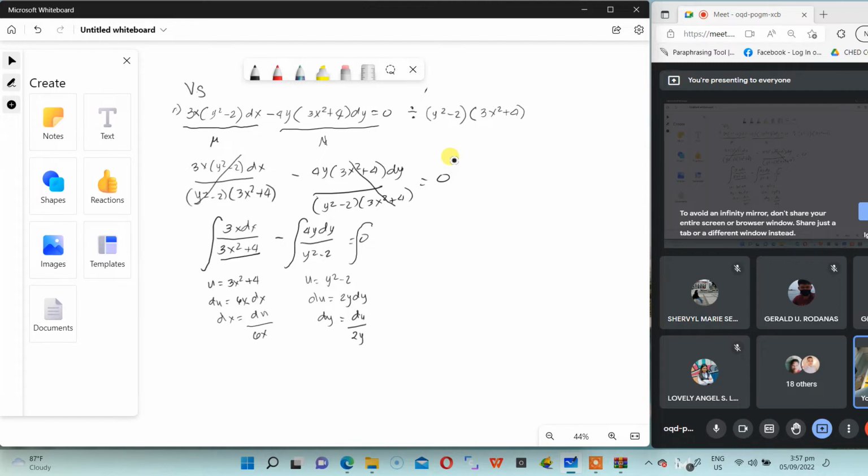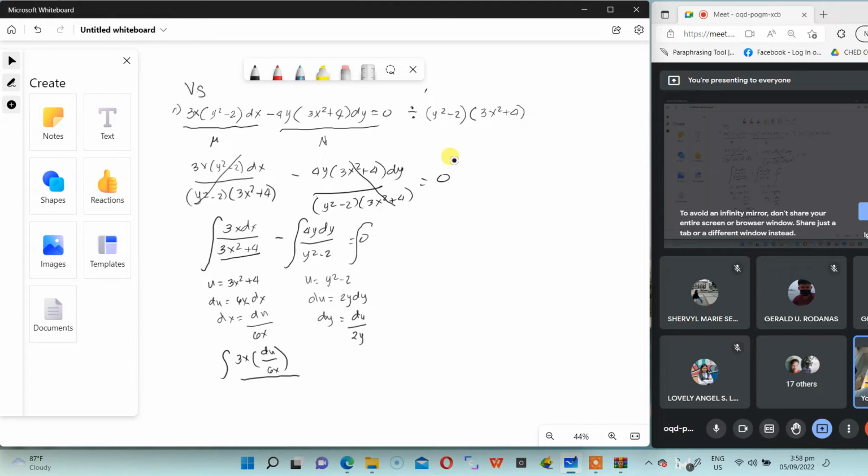Now, in this case, we transform this one. Why do we use this? Because if you already know the integral of this, then we could integrate it directly. But since we don't know, we substitute values. So from here, we could transform this one: 3x times what is our dx? That is du over 6x, over what is this?